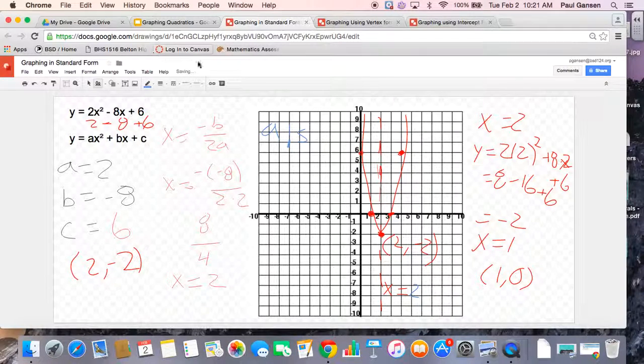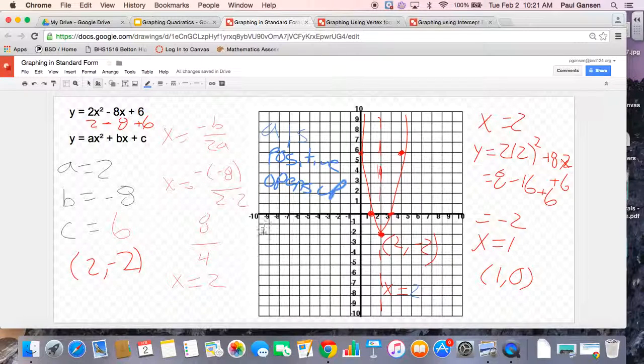So with A being positive, when a is positive, we say that it opens up, makes this bowl shape. When a is positive, it opens up.